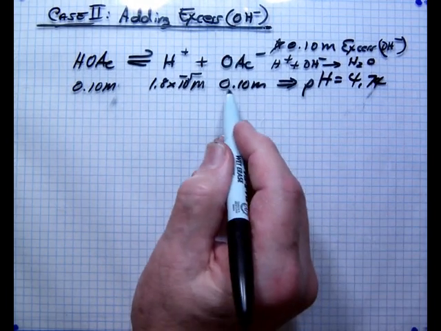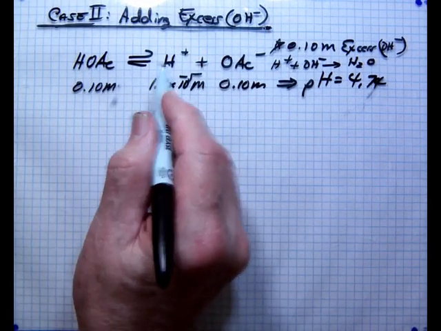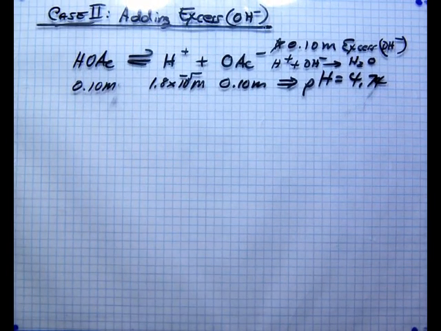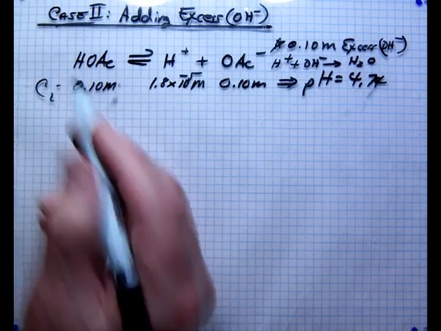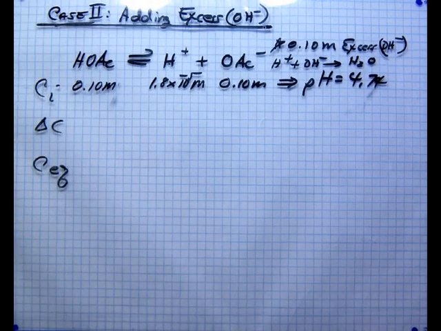At the same time, as it goes out, the acid is going to decompose and send more hydrogen, and it's going to continue to send hydrogen as long as there's enough excess OH to disturb the stable equilibrium. Well, anyway, this is the initial condition, the change in conditions, and the new equilibrium.